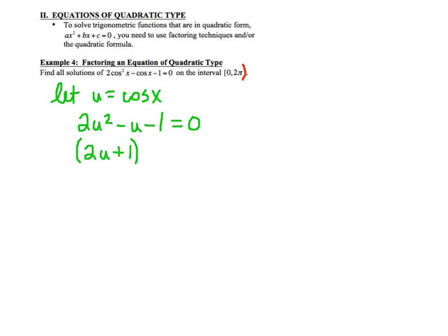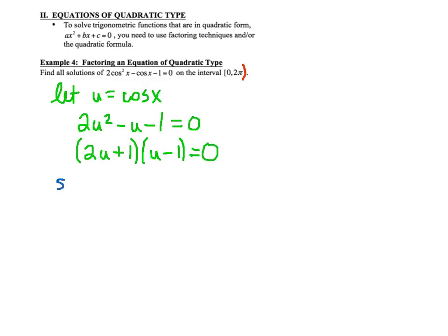Okay, so what we're going to do here is let u be equal to the cosine of x. So that would give us 2u squared minus u minus 1 equals 0. And if you factor that, that becomes 2u plus 1 and u minus 1. Then after this we're going to sub back in the cosine.